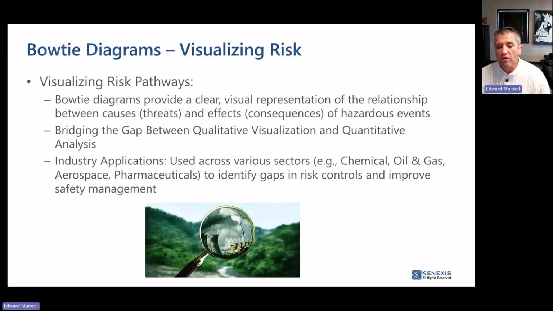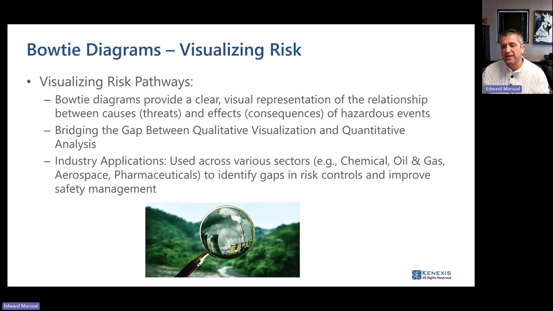Ultimately, the big benefit of doing bow tie diagrams is being able to visualize risk. So instead of your risk being a bunch of numbers on a spreadsheet that many people have difficulty processing, we're going to provide a clear visual representation of a hazardous scenario, including what are the causes, what are the consequences of the hazardous events.